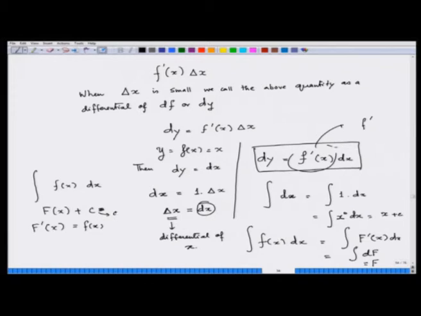Now, this is a very important thing: instead of f x, I can put f dash x. And this is nothing but, by this formula, the integral of df, and integral of df means again breaking the parts and bringing it in. So it is again f plus c. That's all about it, and that's the whole game.